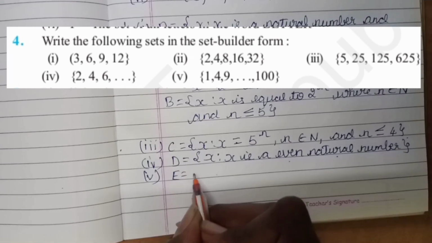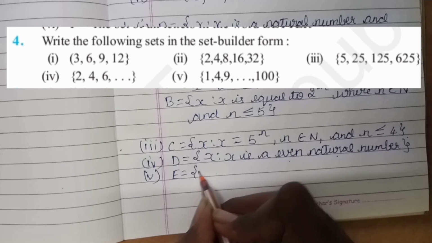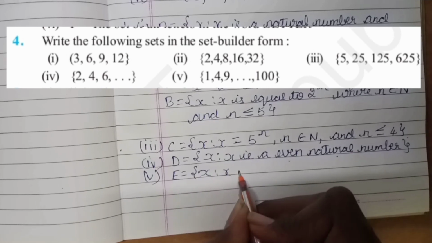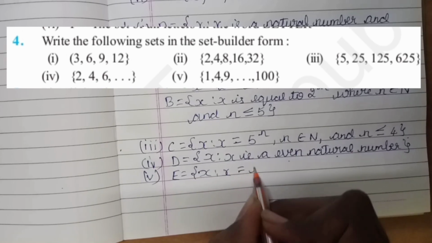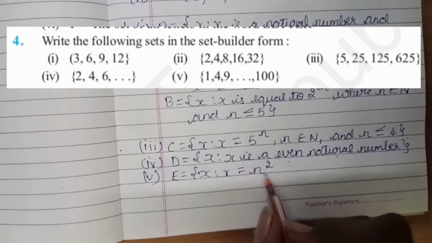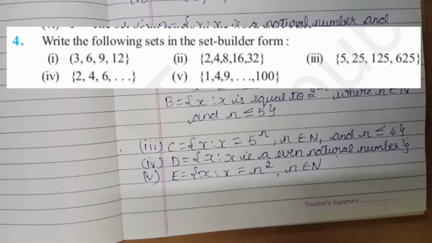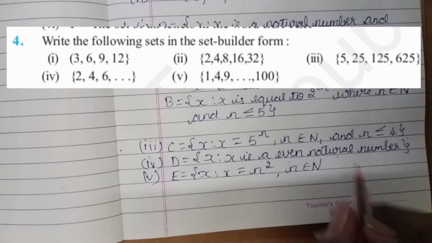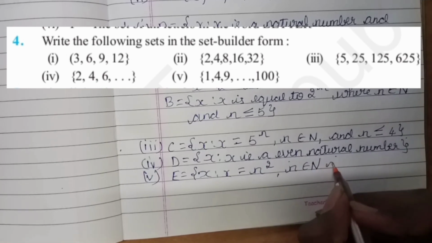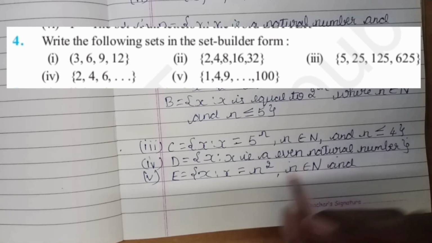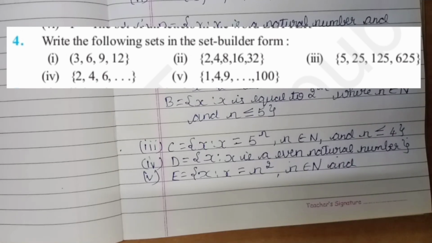The answer is E is equal to x such that x is equal to n square, where you should write that n belongs to capital N. What is capital N? Natural number. And here the endpoint is given, 1, 4, 9 till 100.